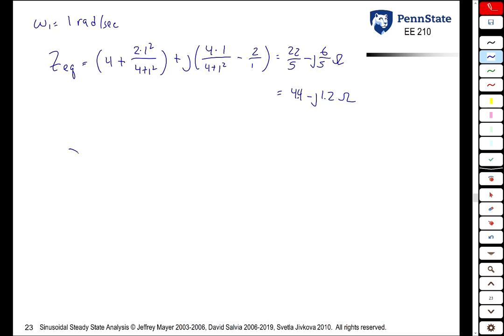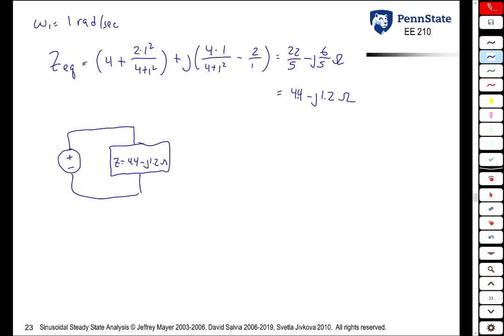So if you think of what we're trying to solve for, the equivalent impedance is now 4.4 minus j 1.2 ohms.